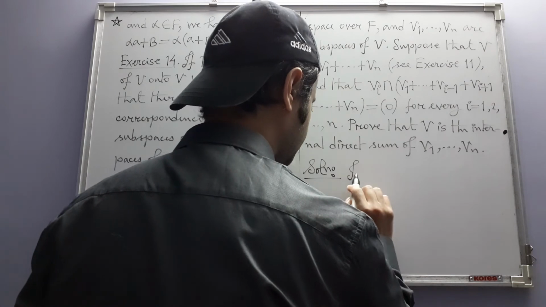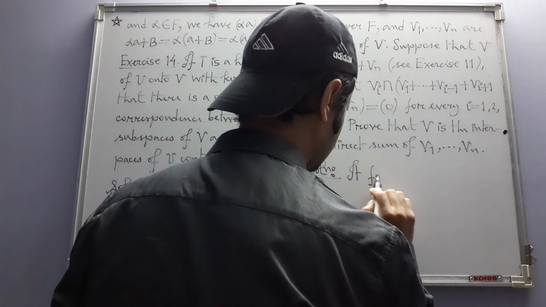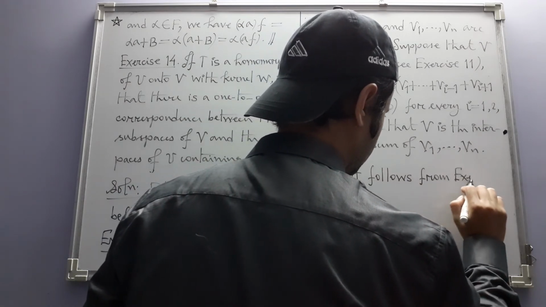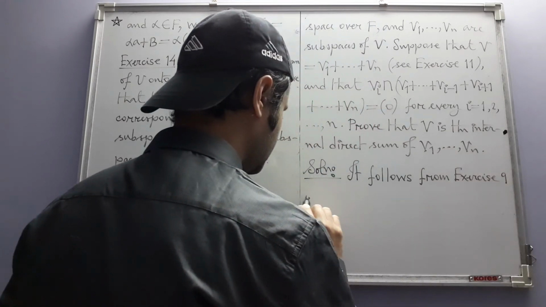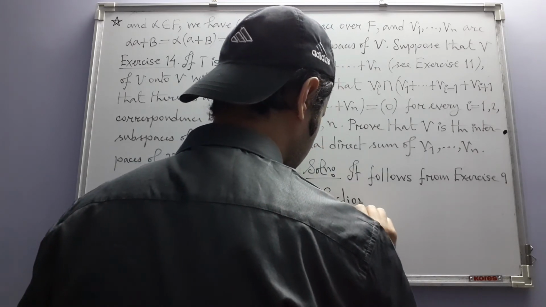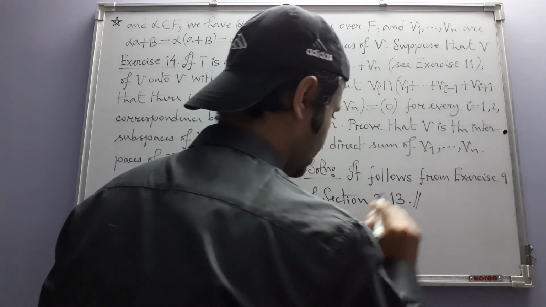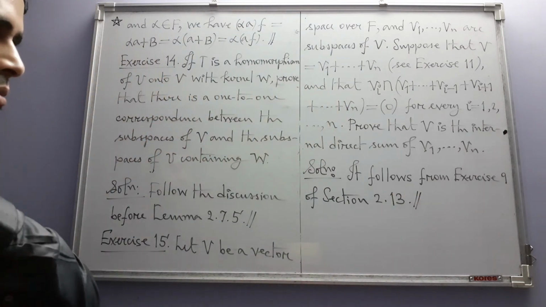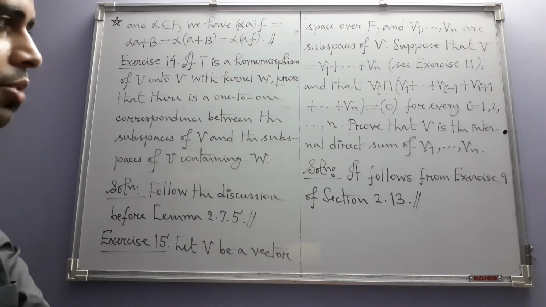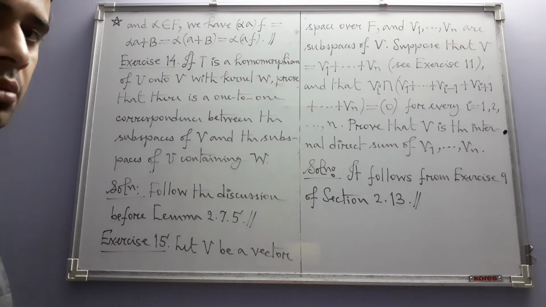In fact, not just can it be solved this way, but it actually follows from exercise 9 of section 13 of the second chapter, to which when we arrive we will see how exactly it follows from that. There, in place of vector spaces we have groups, and in place of sums we have products, internal direct product, external direct product of normal subgroups. We have those things.